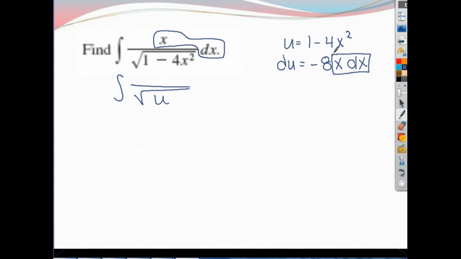So what do I have to get rid of over here to make that substitution or that direct link occur? Yeah, what I need to do is divide by -8 so that I have x dx equals some stuff, and I can take away the x dx and replace it with some stuff.